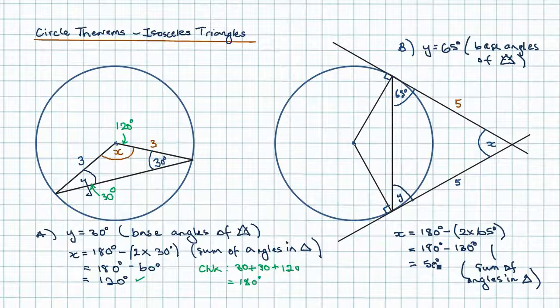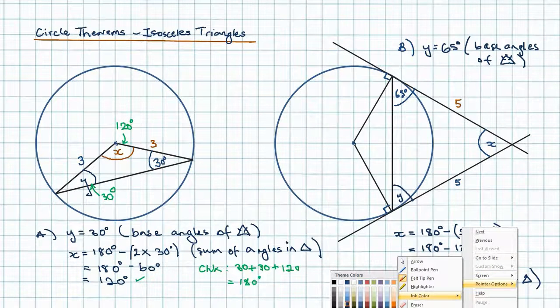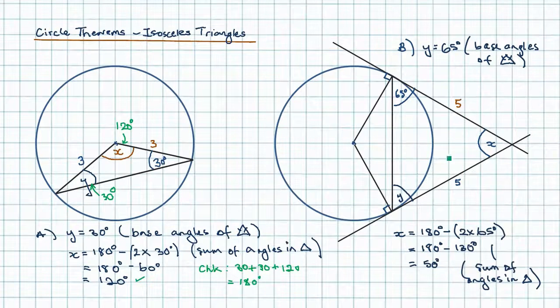Okay, that looks like 56. Let's just make it clear that's 50. So x equals 50, and we're going to finally just check our answer. Again, simply adding up the angles, so now we know that this is definitely 65.